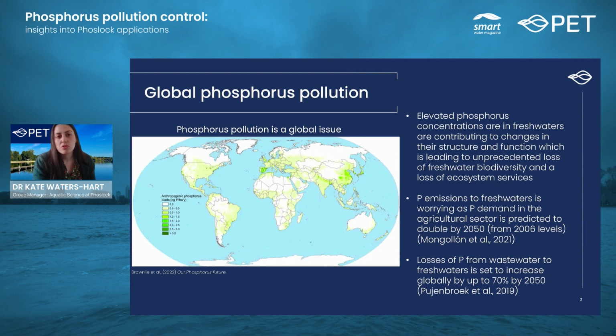And phosphorus emissions are unfortunately set to increase thanks to climate change patterns, but also population increase. Phosphorus emissions from the agricultural sector are predicted to double by 2050, and losses from the wastewater sector are also set to increase globally by 70% by 2050.